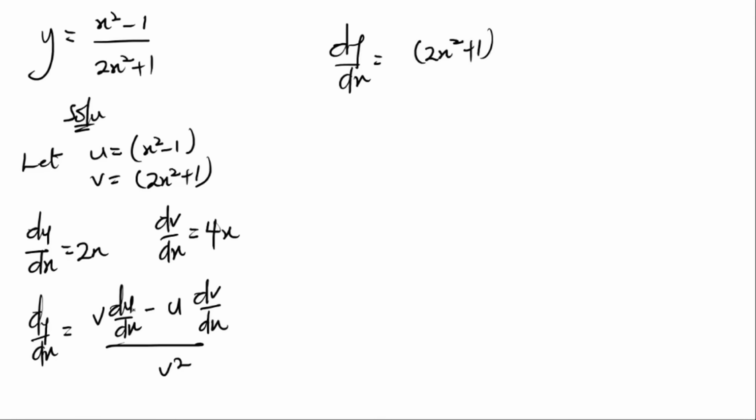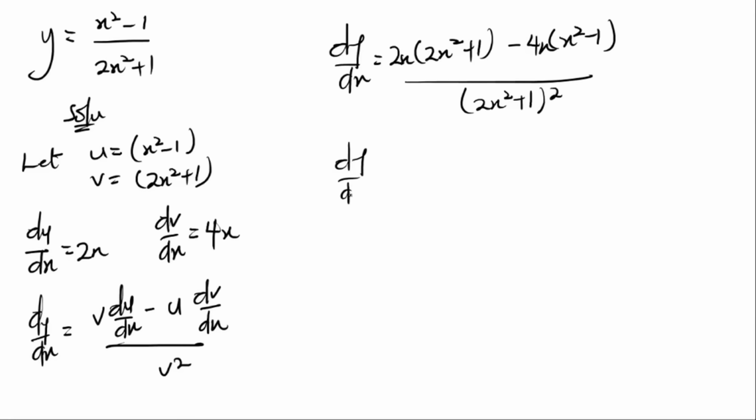Then our du dx is 2x, so we have 2x over here. Then minus our u, which is x squared minus 1. Then our dv dx is 4x. Then all over v squared, which is 2x squared plus 1 all squared.